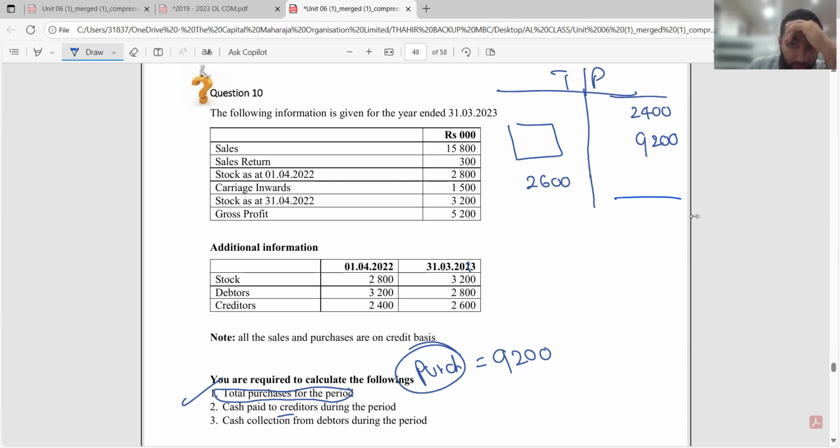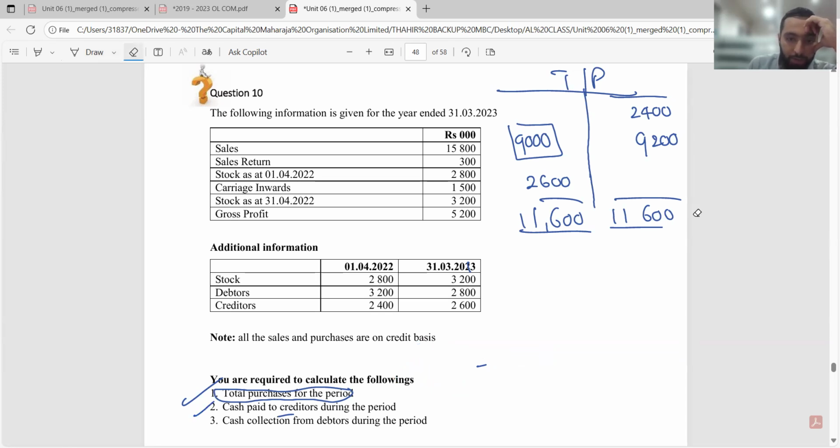Very simple. 11,600 is here, you minus this, and you get 9,000, the amount that you have paid. So the second answer is also done. Let's erase this and move on to the third one.